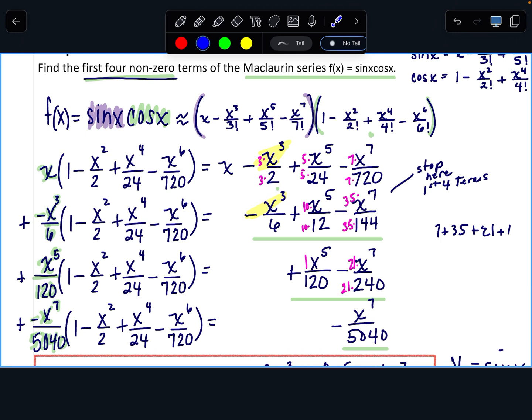You distribute, then you combine them all as if you were just working with a regular polynomial. Combine like terms. So we have x to the 5th over 12, then distributing to the second term, the third term, it is negative x cubed over 6 times x to the 4th over 24. It's going to give me an x to the 7th over 144.